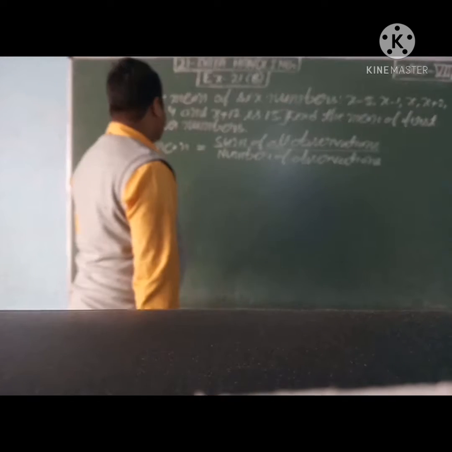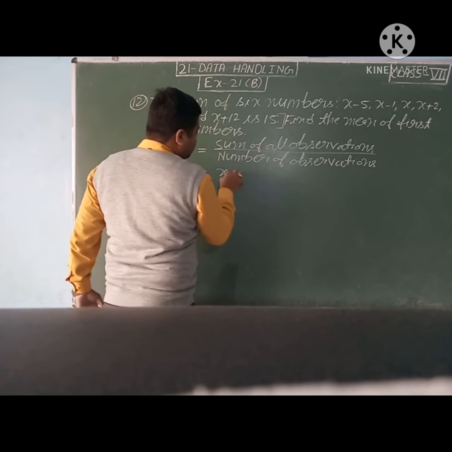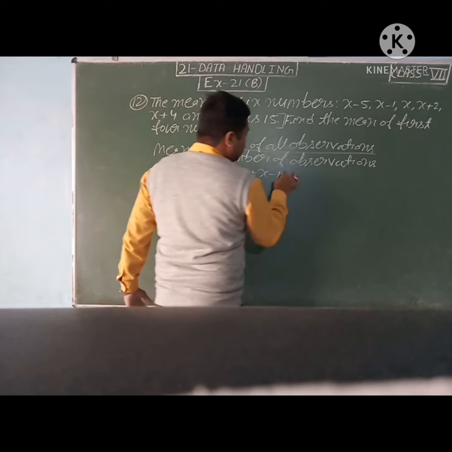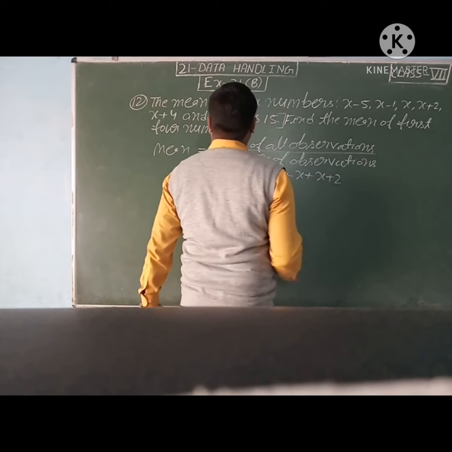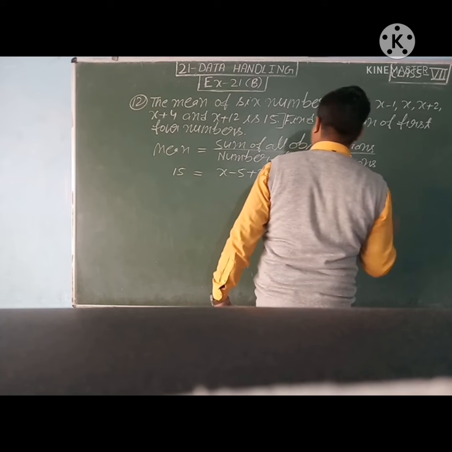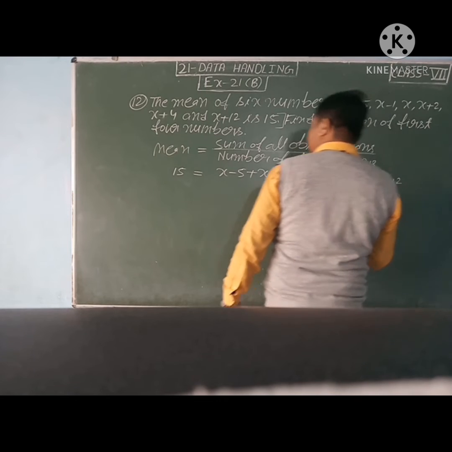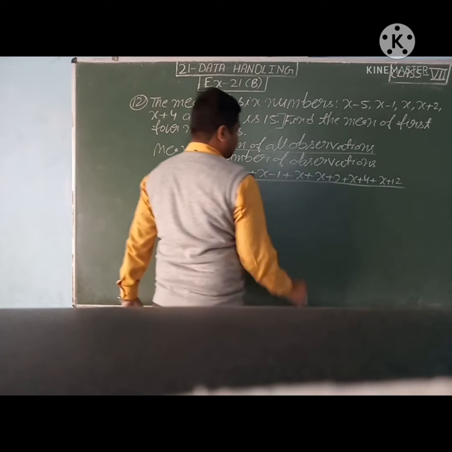So mean we have is equal to x minus 5 plus x minus 1 plus x plus 2 plus x plus 4 plus x plus 12 upon how many numbers? 6.